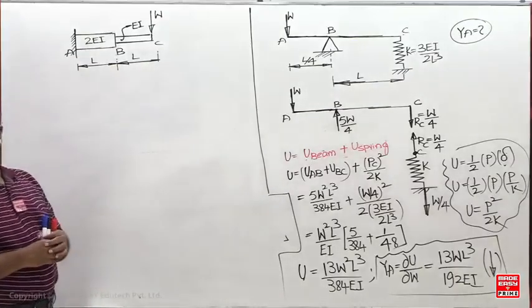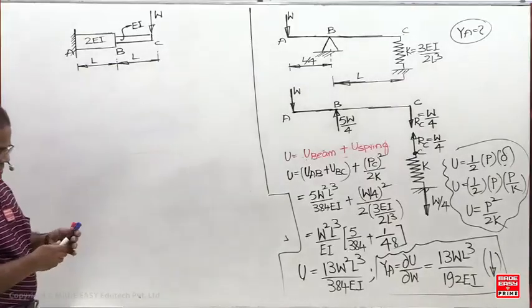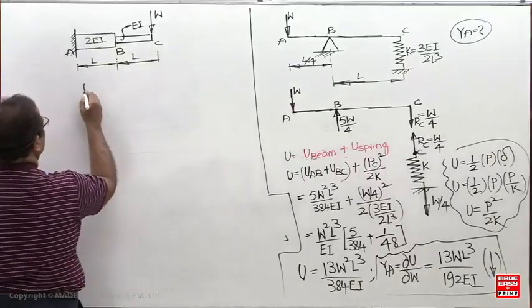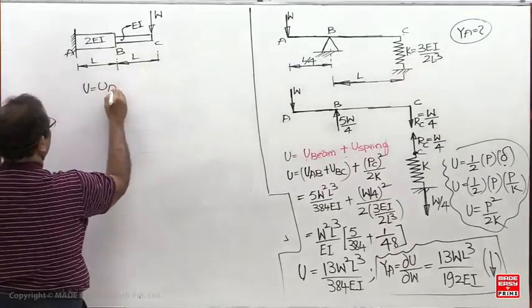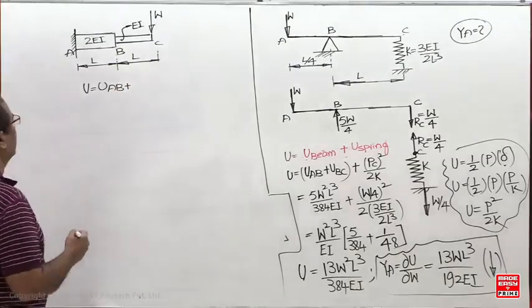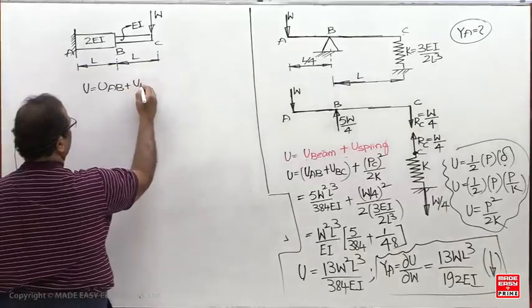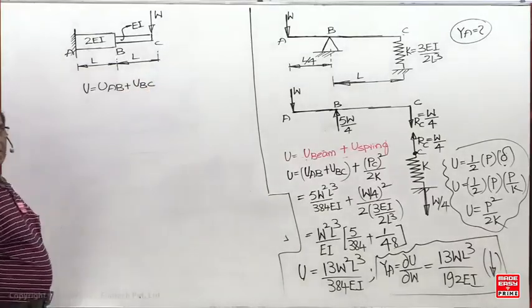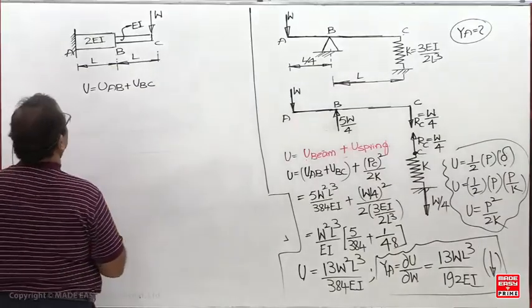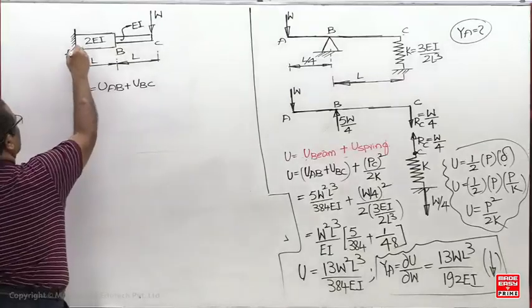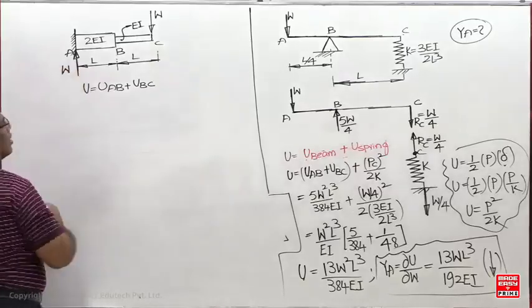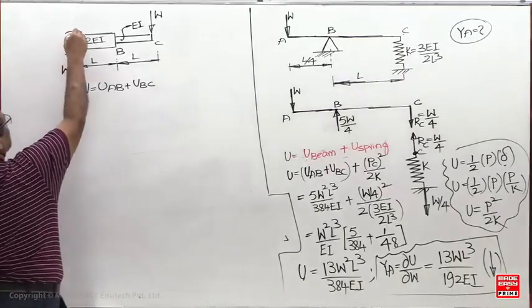In both the cases, what now? Strain energy of AB plus BC. What is the reaction now? And what is the moment reaction?